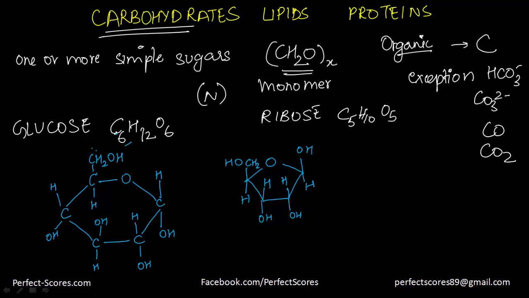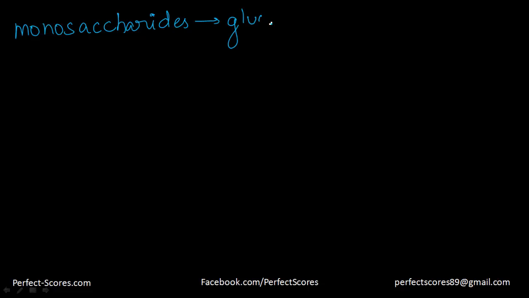So let's go through some examples of carbohydrates. Now, carbohydrates can be of 3 types. One is monosaccharides, for example glucose, galactose and fructose. They can also be disaccharides, that means 2 units.